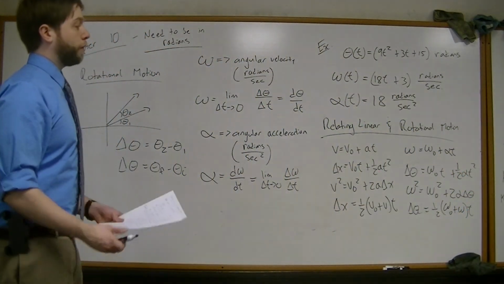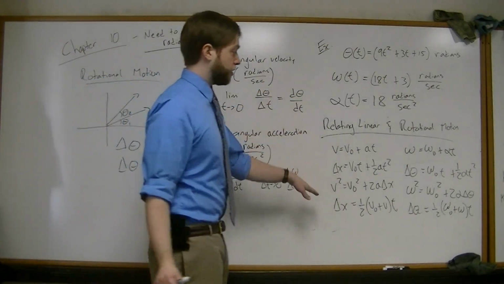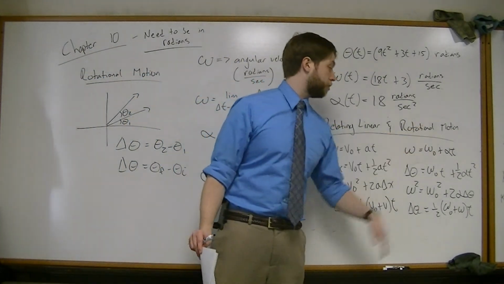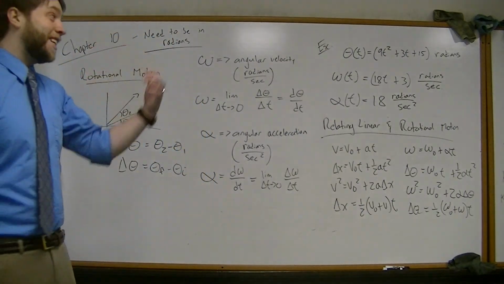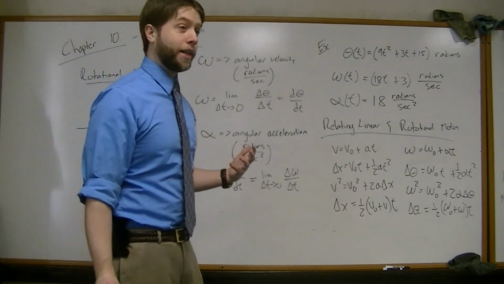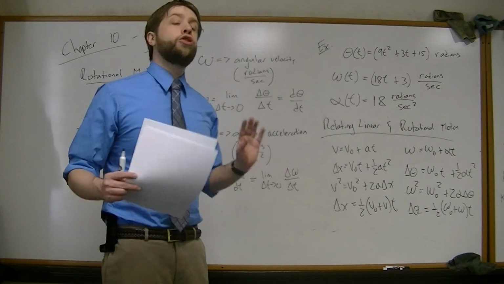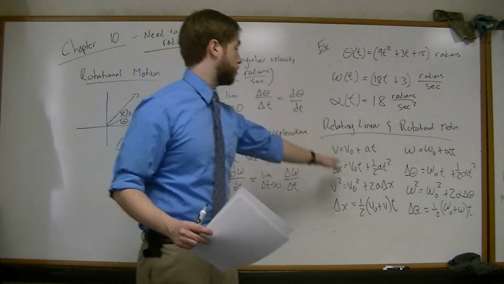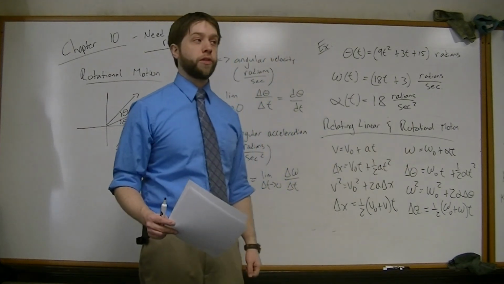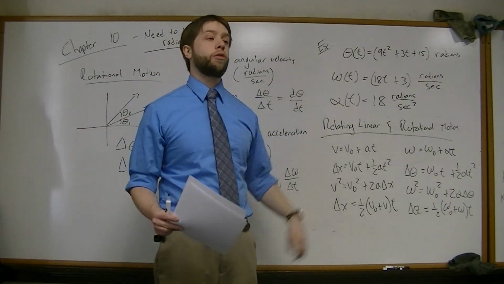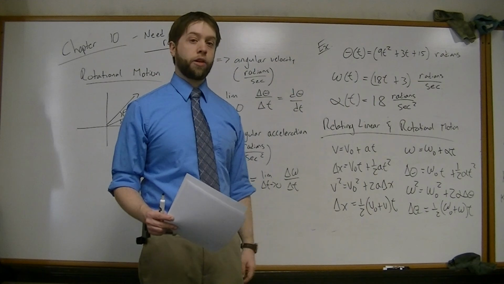And now we have gone from the linear equations of motion to our rotational motion equations. And that's it. It seems like you need to memorize a lot here, but you don't. Please, do not memorize these rotational motion equations. You're simply going to substitute into them your angular variables.